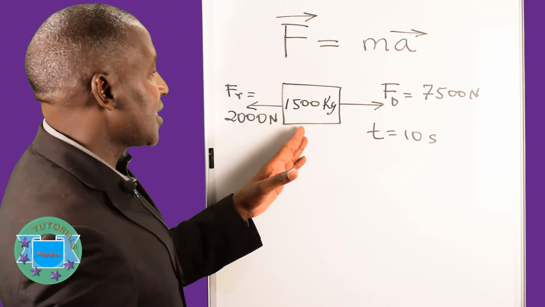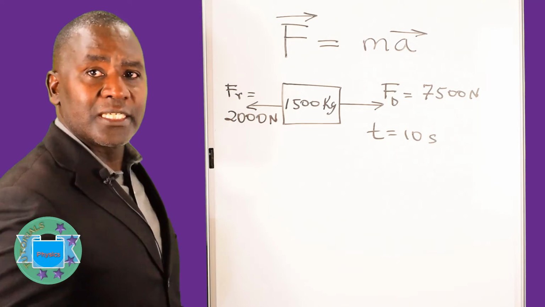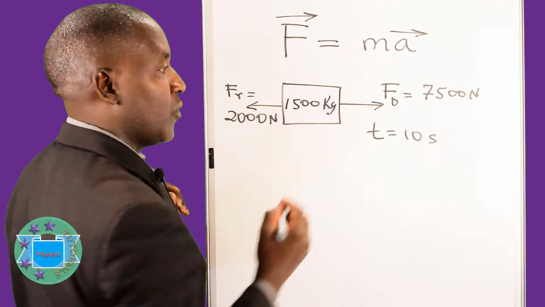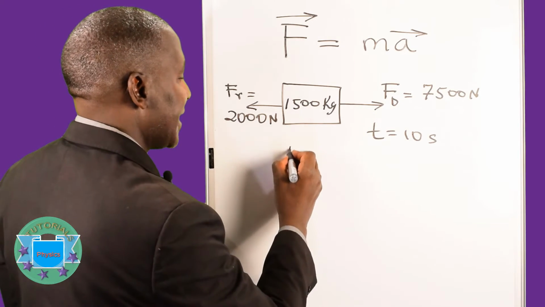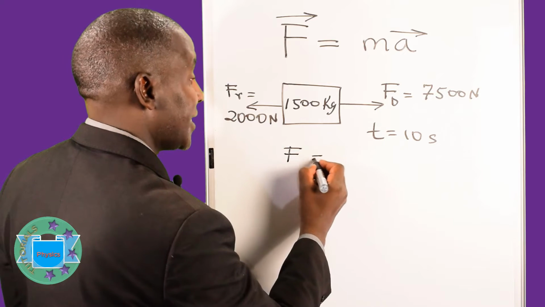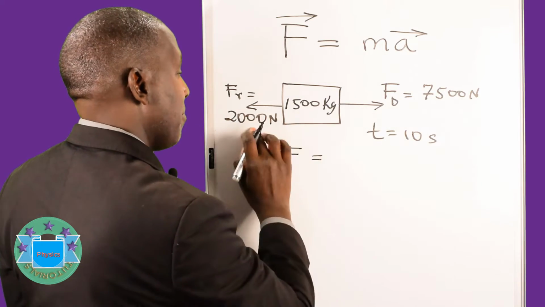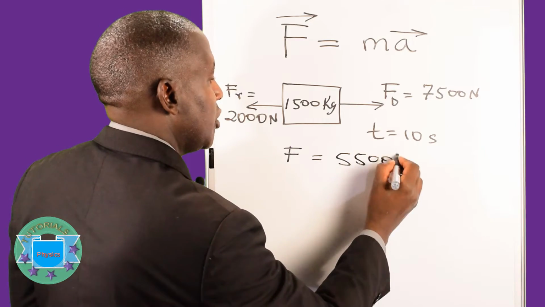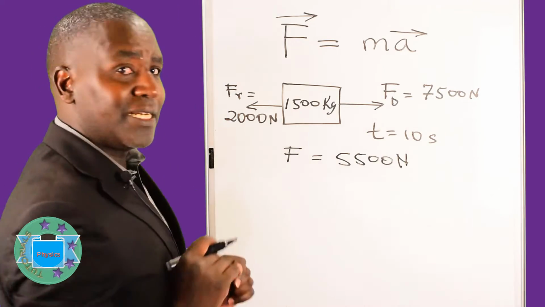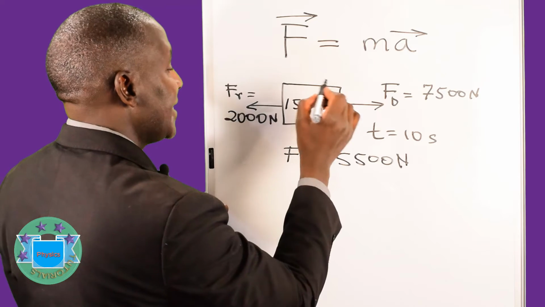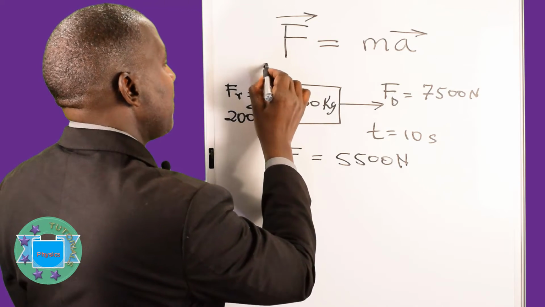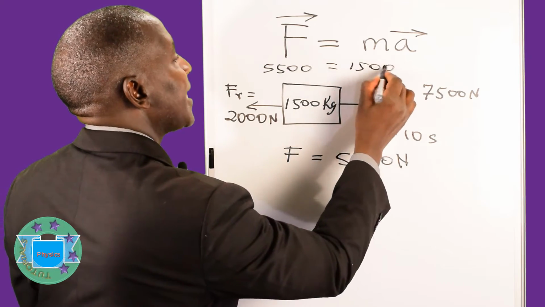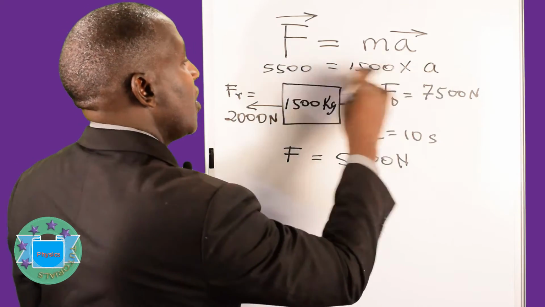Similarly, on this car, there is a resistance on the bodywork of the car, and there is the driving force. That means that the resultant force acting on that car is this minus this, which is 5,500 newtons in that direction. So that resultant force of 5,500 newtons produces an acceleration a on the car.